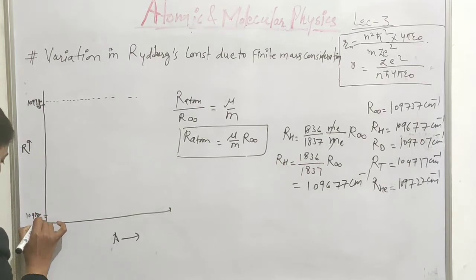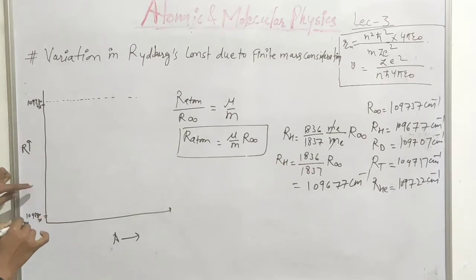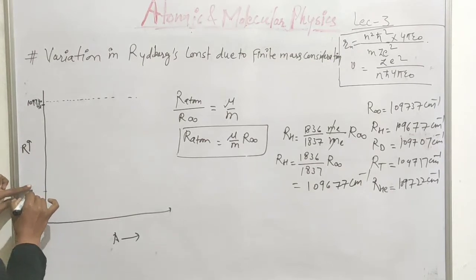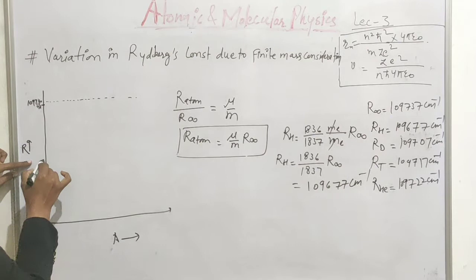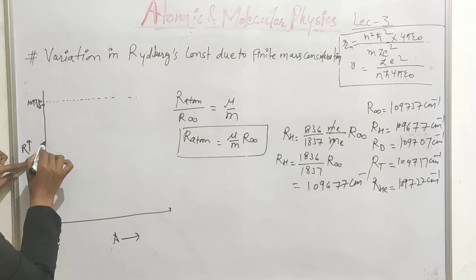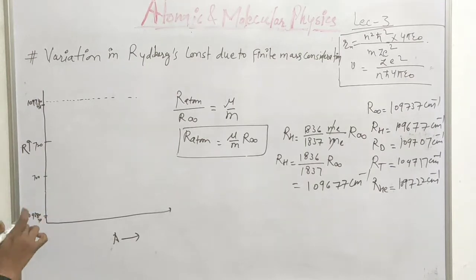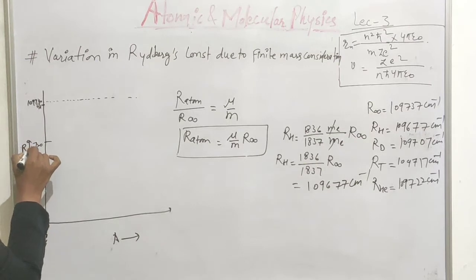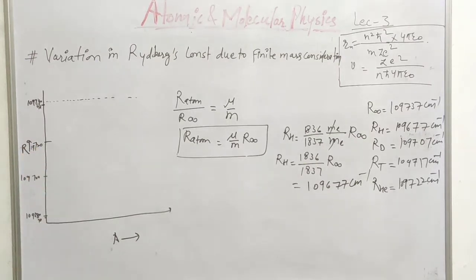On this scale we mark values like 109700 and 109720. For hydrogen its value is 109677.